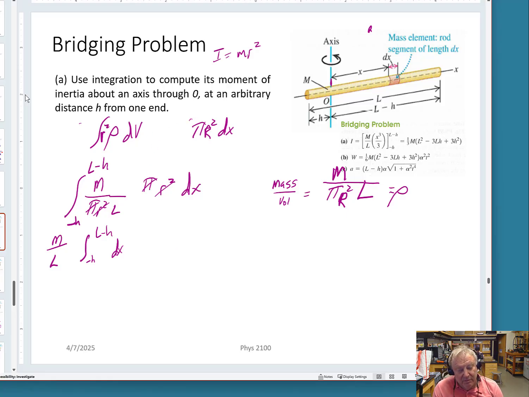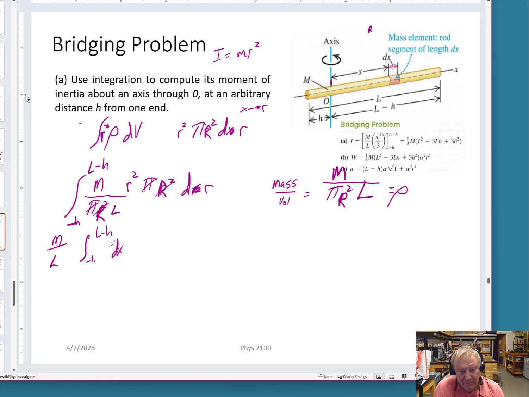So rho dV will get us the mass, and then there's the r squared. And in this case, that's some dimension there. So instead of using x, we're gonna use r. So then that's r squared, and that's dr. And then yeah, we need to use the capital R because I'm using little r squared for something else.